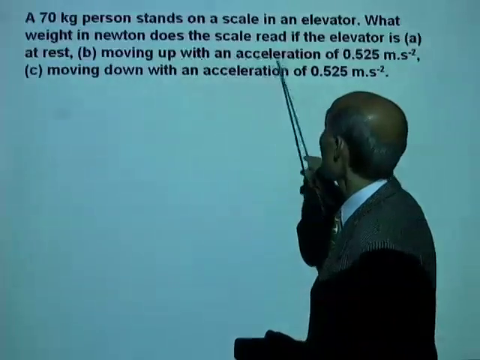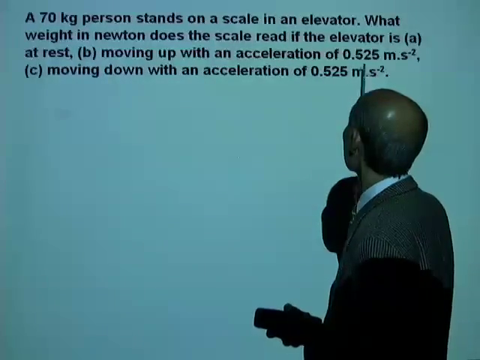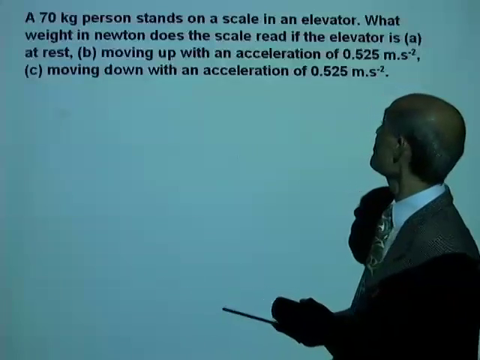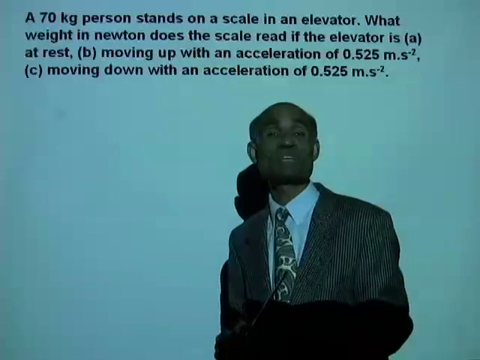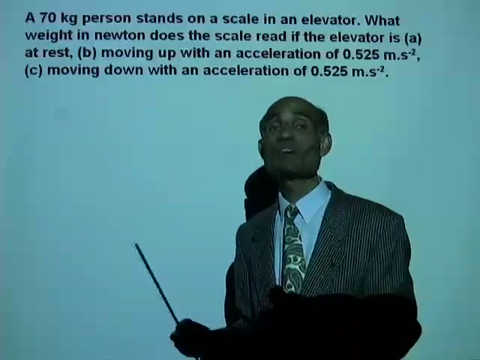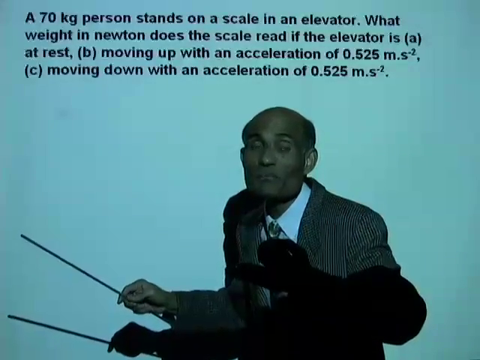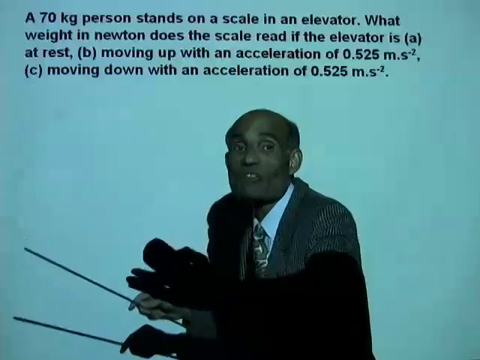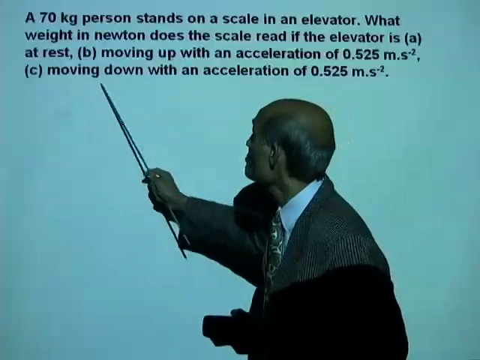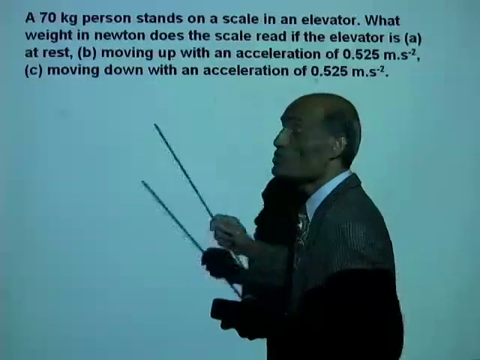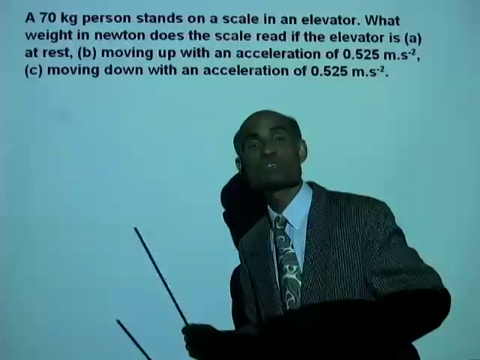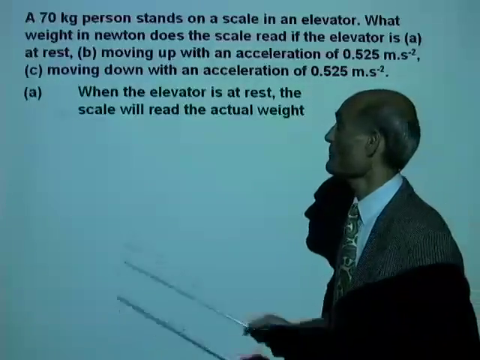Then the elevator moves up with an acceleration of 0.525 meter per second squared. What will the weighing machine read? It will be mg plus ma. If it is moving down with an acceleration, it will read mg minus ma.